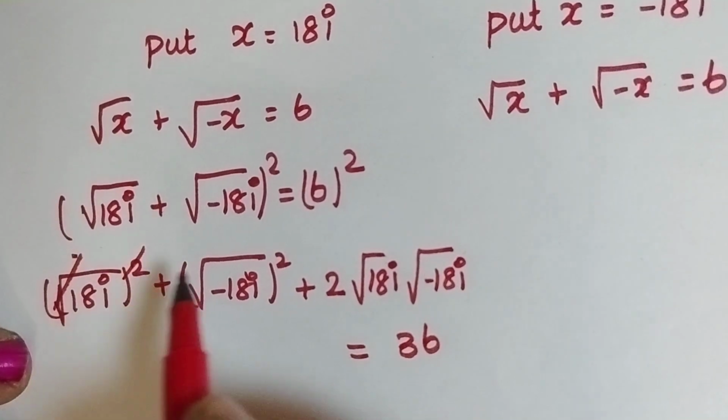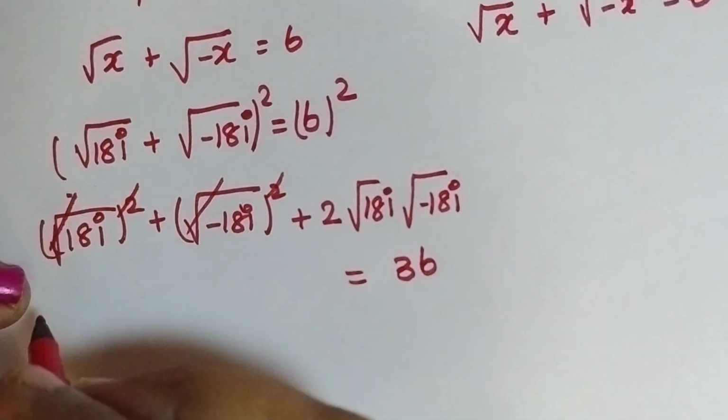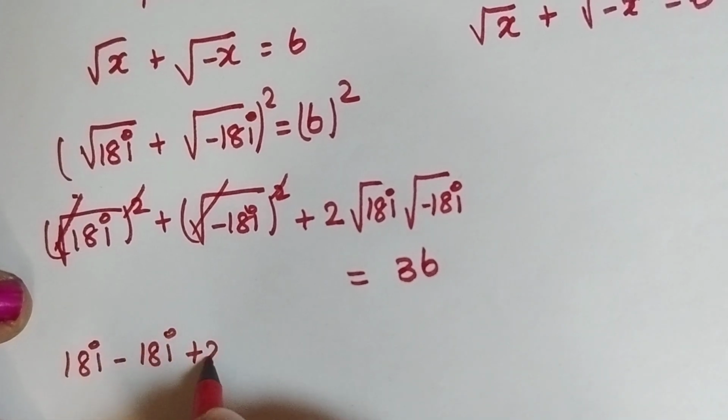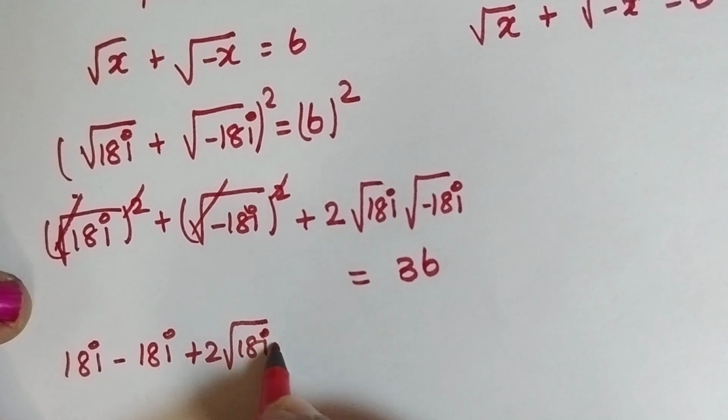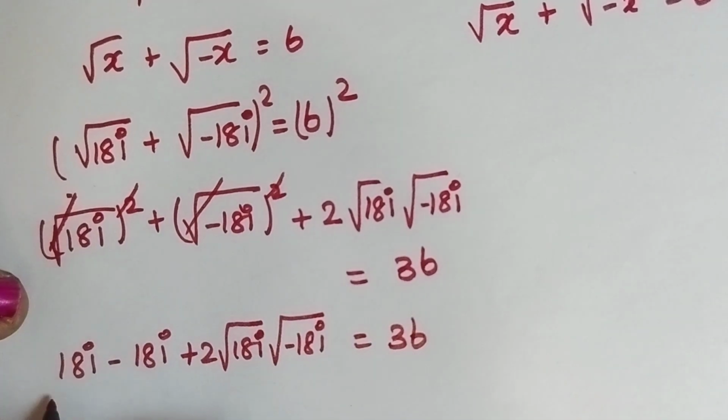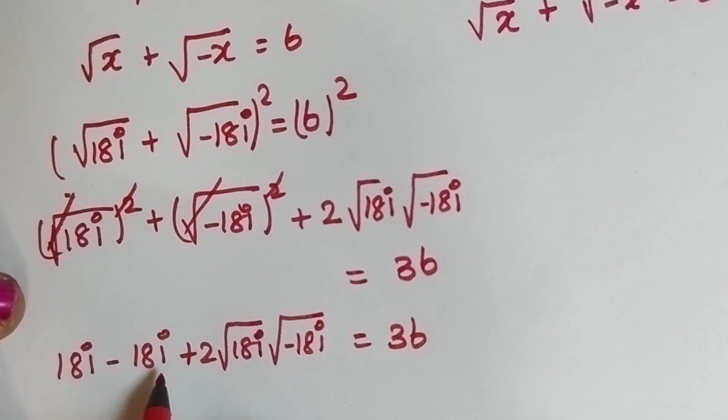The square and root get cancelled. Therefore this becomes 18i minus 18i plus 2 root 18i root minus 18i which is equal to 36. This plus 18i minus 18i becomes 0.